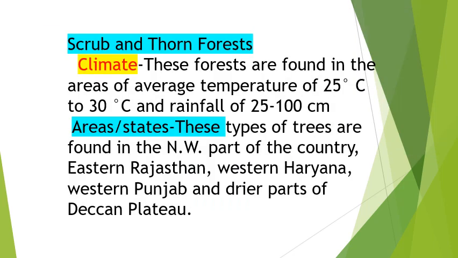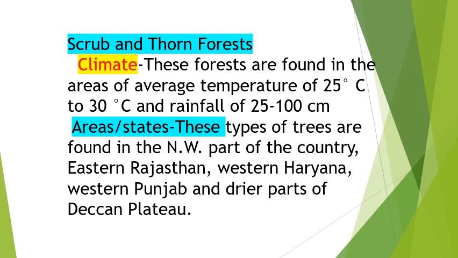The next type of vegetation is the scrub and thorn forests. So these forests are found where the average temperature ranges between 25 to 30 degrees centigrade and the rainfall ranges between 25 to 100 centimeters. Please add 25 to 100 centimeters. So in the scrub and thorn forests, the rainfall is slightly more than the desert type of vegetation.